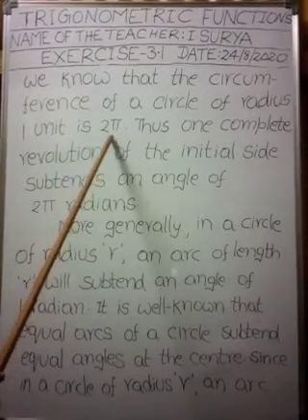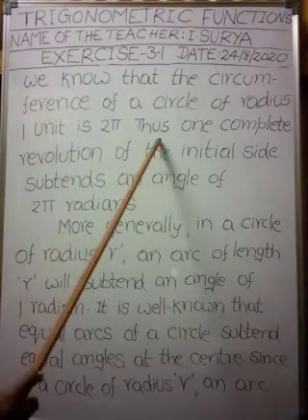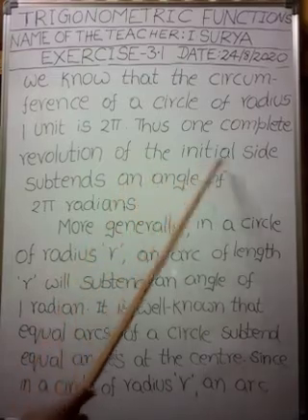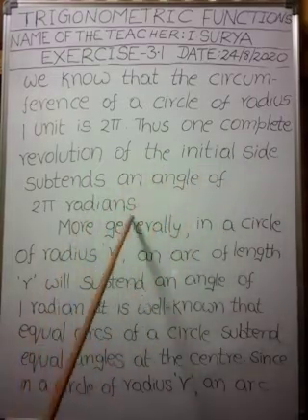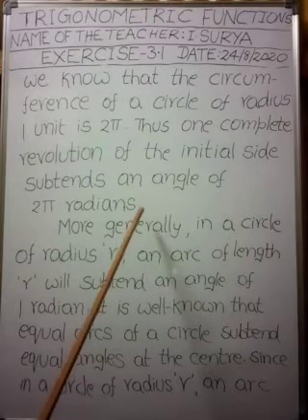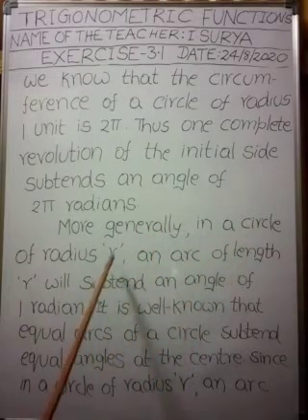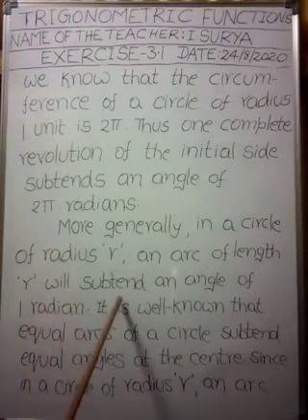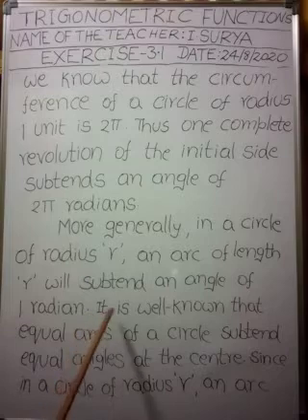Thus, one complete revolution of the initial side subtends an angle of 2 pi radians. Understood this point, my dear children? Right. More generally, in a circle of radius r, an arc of length r will subtend an angle of 1 radian.